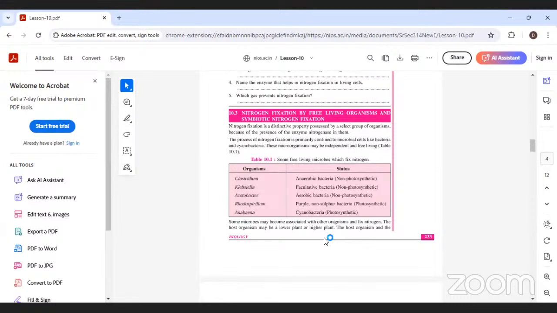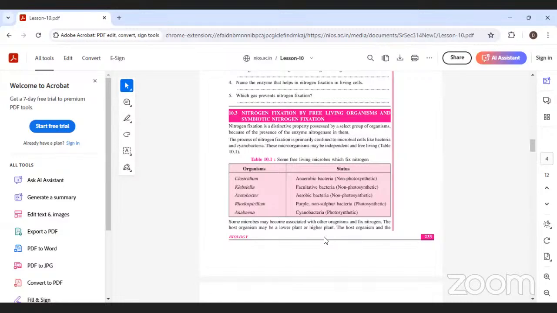The process of nitrogen fixation is primarily confined to microbial cells like bacteria and cyanobacteria. These microorganisms may be independent, free living bacteria. See here some free living microbes which fix nitrogen.